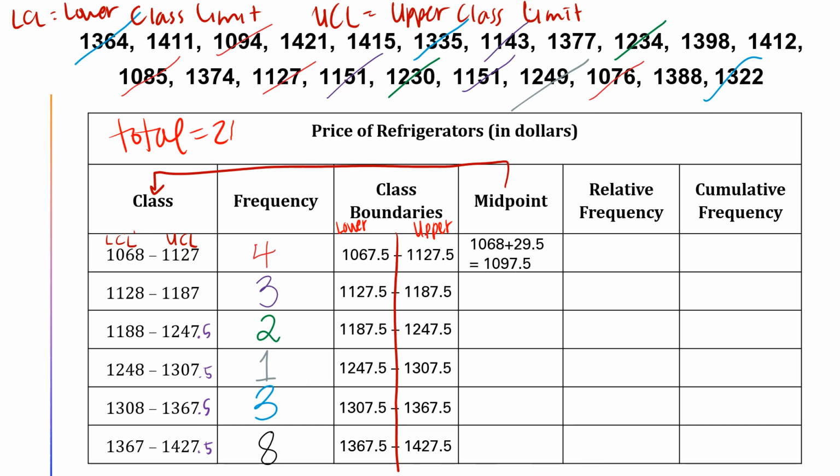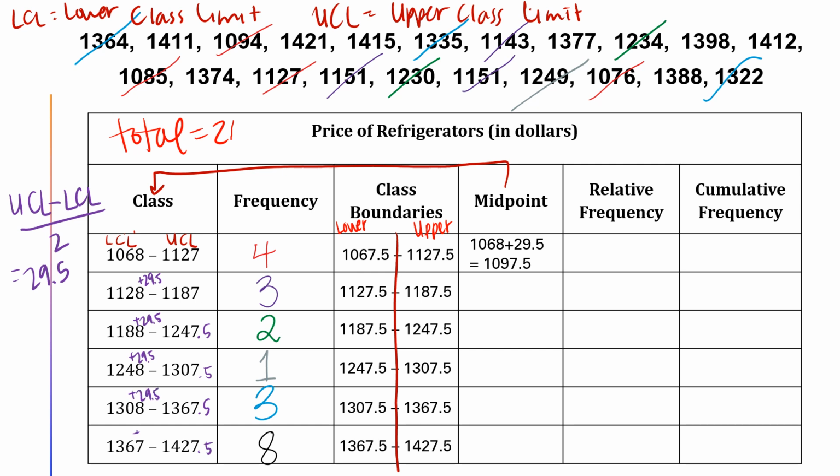So again, what I did there is I did upper class limit minus lower class limit over 2. That's telling me how far I need to go to get to the halfway point. I needed to do an additional 29.5. So I'm going to add 29.5 each time to the lower class limit to get my midpoint.